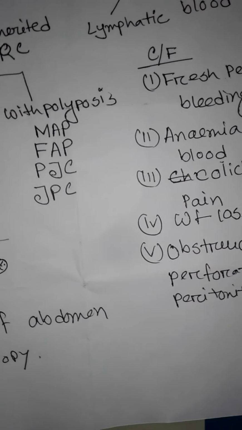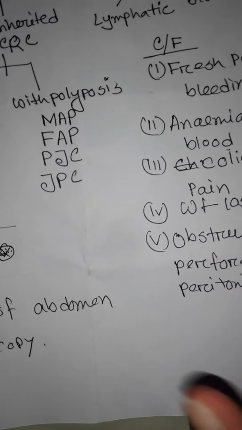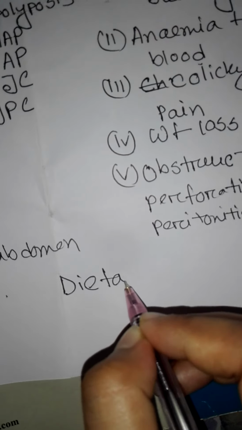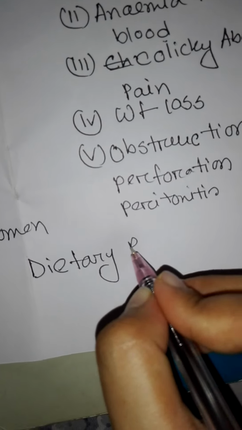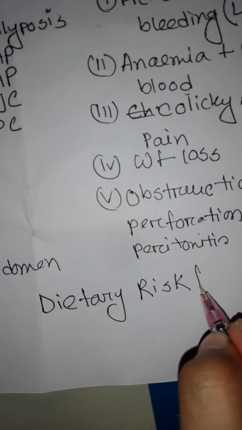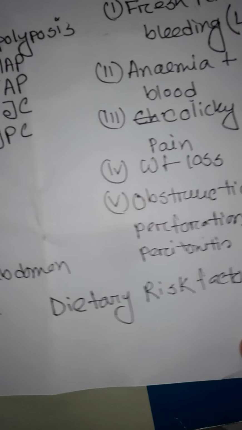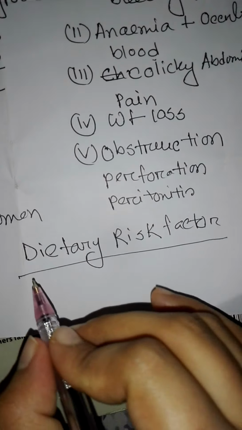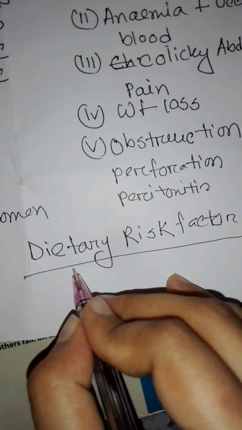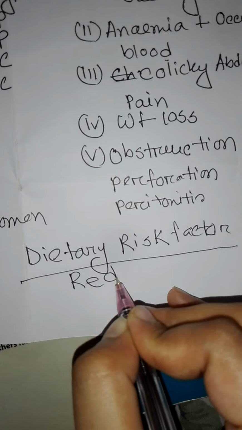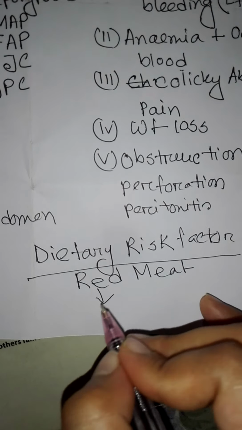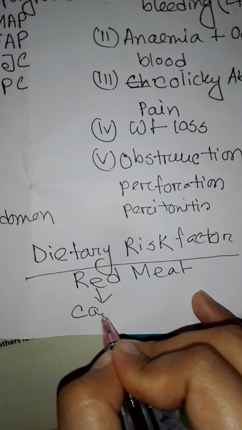Now I will tell you the dietary risk factors. Dietary risk factor is red meat. You can find carcinogenic amines.